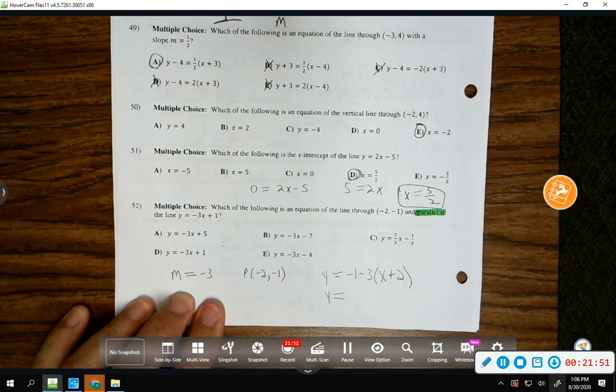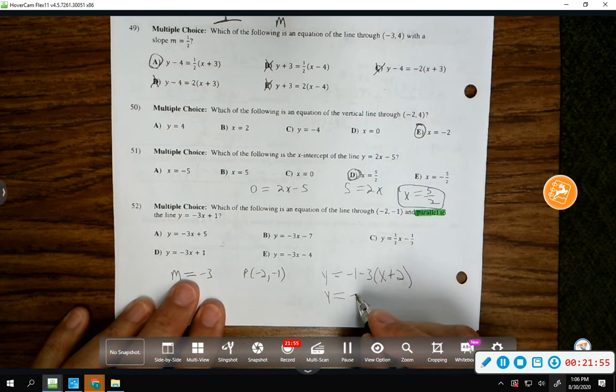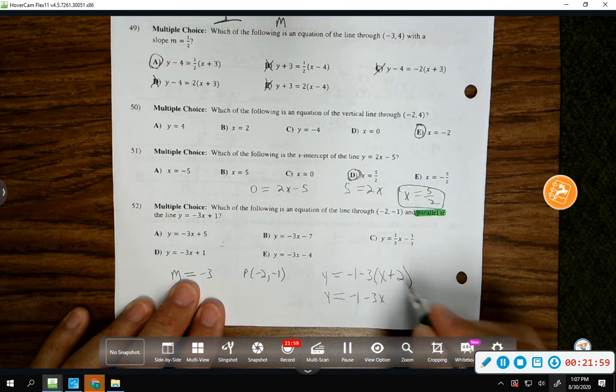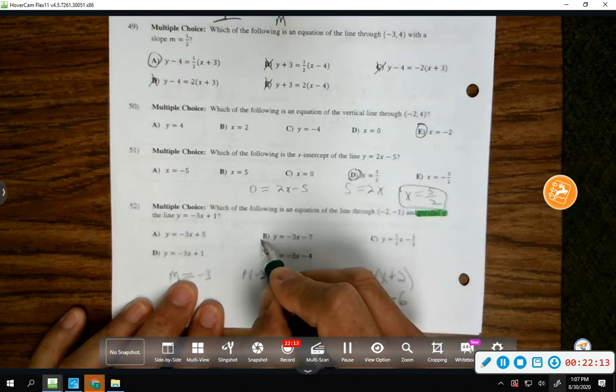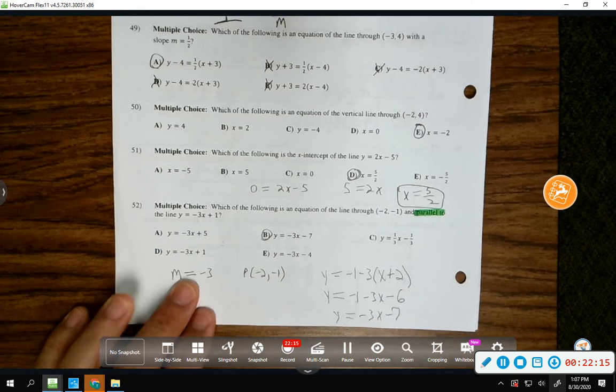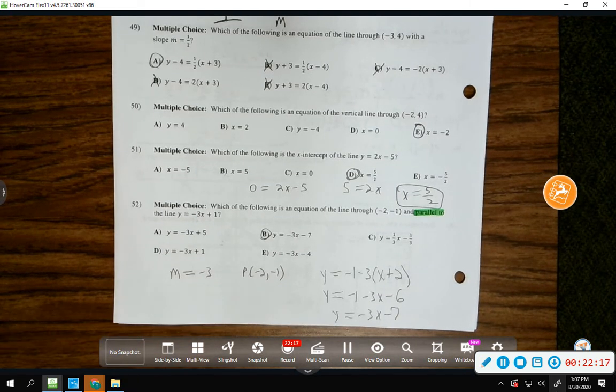I think you should be able to do these two steps without writing it down. But for this one, I'll do this. I'm going to subtract 3x. -3 times 2 is -6. And maybe some of you need to. -6 minus 1 is -7. That's why we get -3x minus 7. Choice B. Those are the solutions for this one.